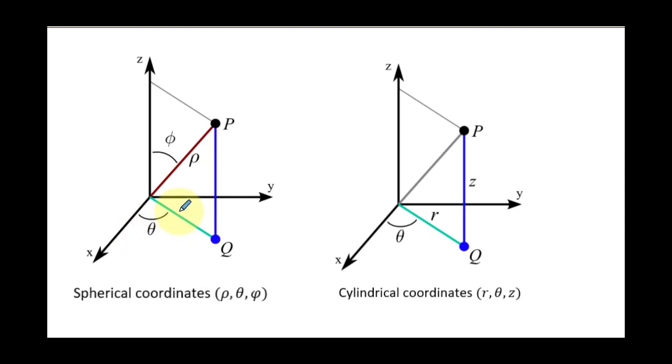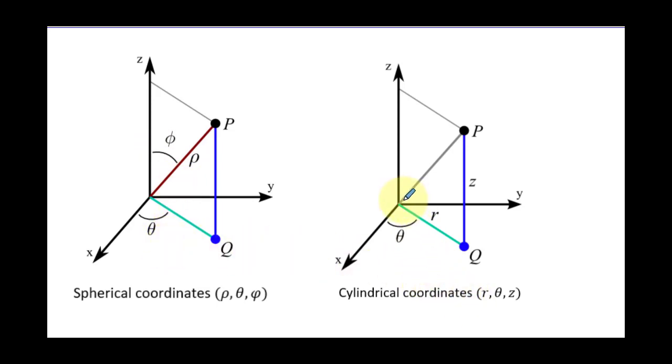So it's an angular rotation in the xy plane. And then I have this angle phi that measures the angle between these two vectors, right? Between this positive z and the vector that locates the point P. So that's phi. And that angle in spherical coordinates is always between 0 and 180.